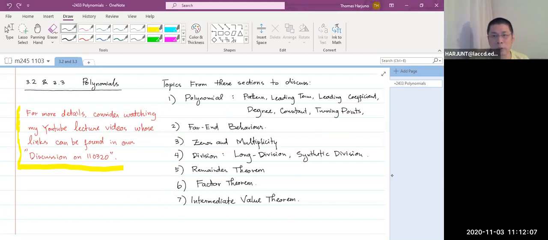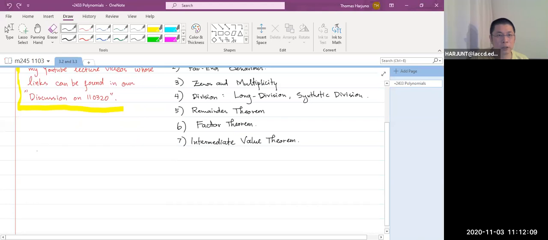What is a polynomial? Definition. A polynomial is a function. Well, I think I should say polynomial function instead of just polynomial. Polynomial function I denote by P(x).